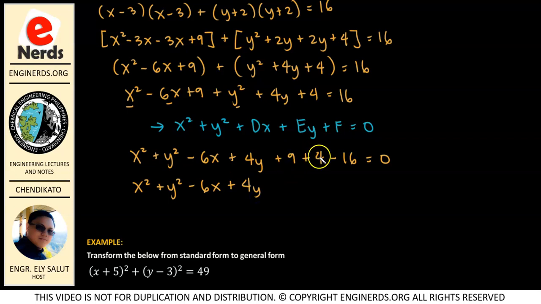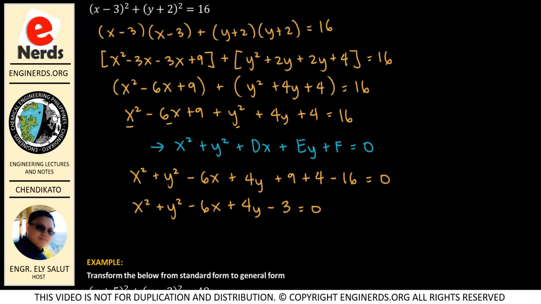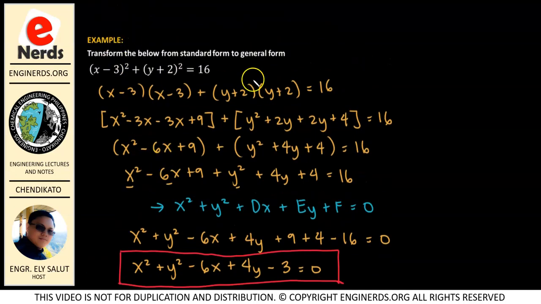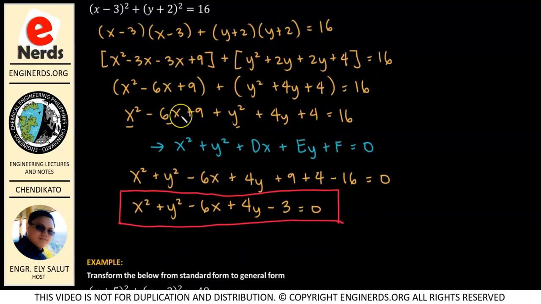Then we have 9 plus 4 will be 13, minus 16 will be negative 3. And this is equal to 0. So ito na yung ating answer dito sa ating question. No? So this is the general form of our circle. Okay? So ganun lang siya kadali. We're just going to expand itong ating given dito.